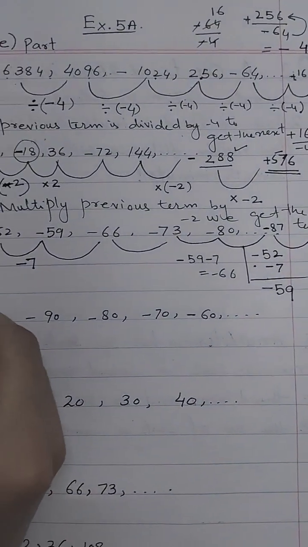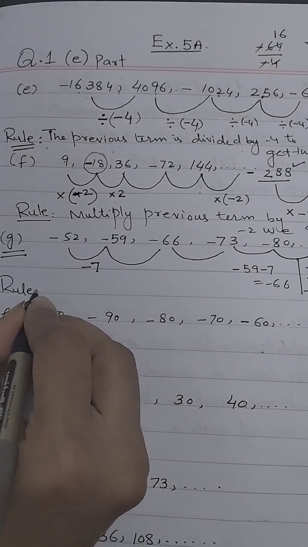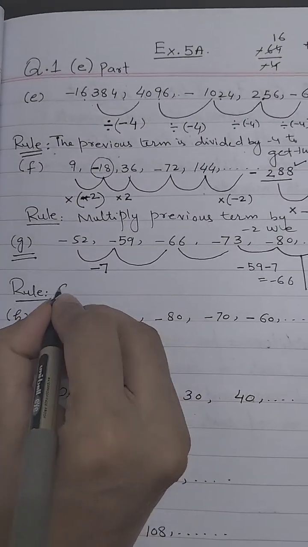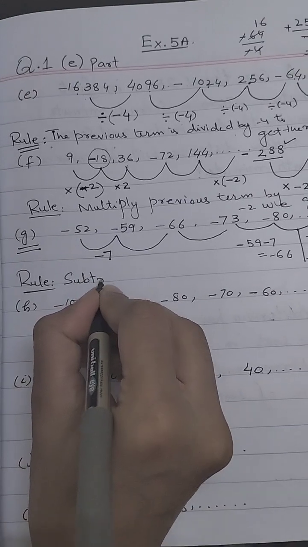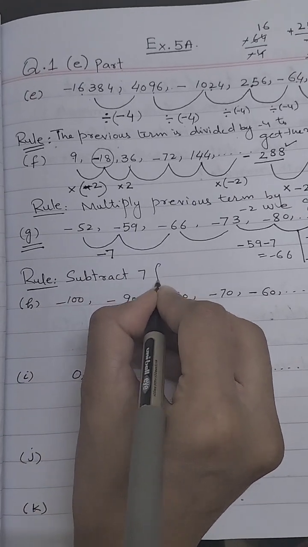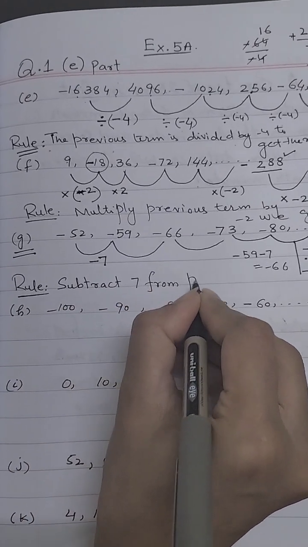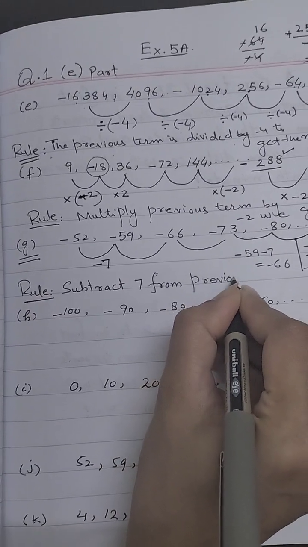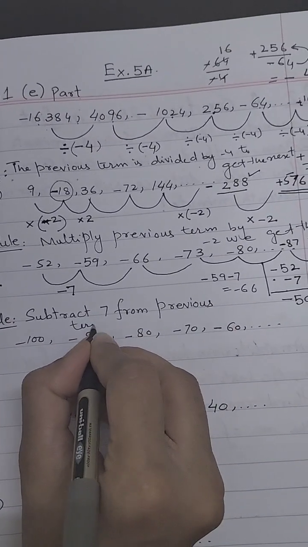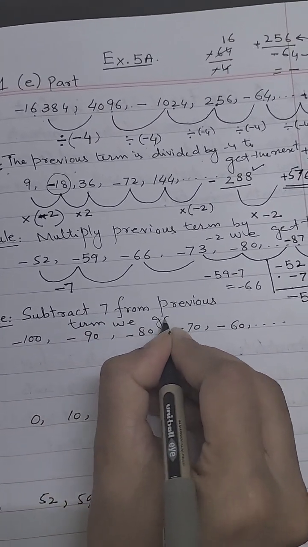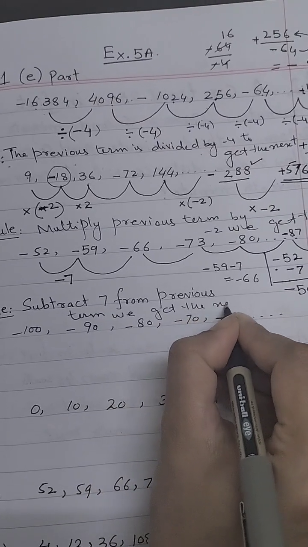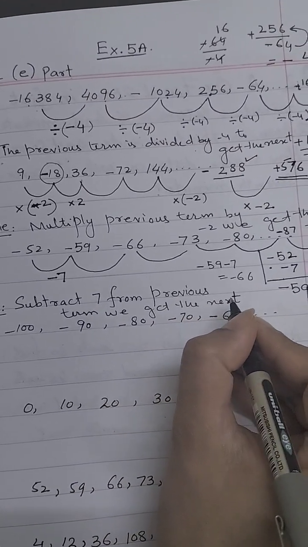And for the rule you will mention: subtract 7 from the previous term, we get the next term of the sequence.